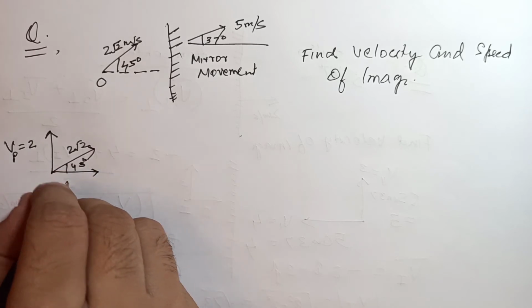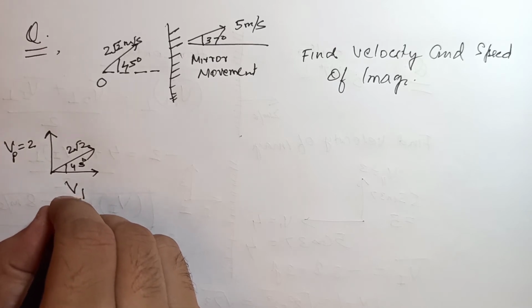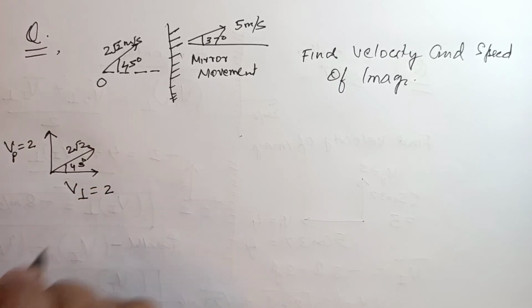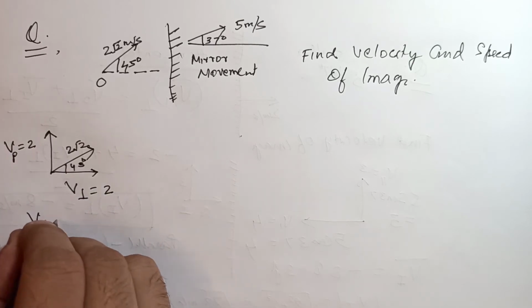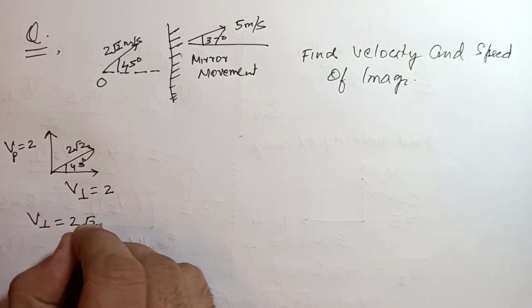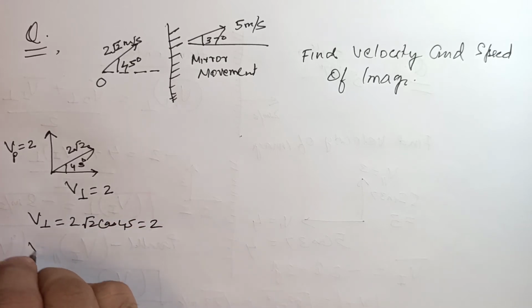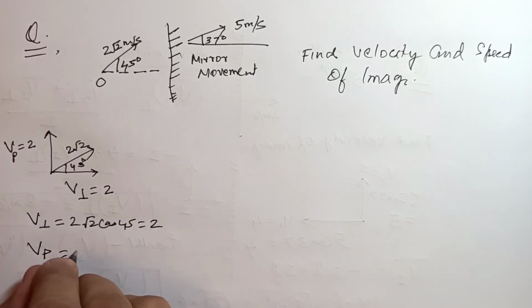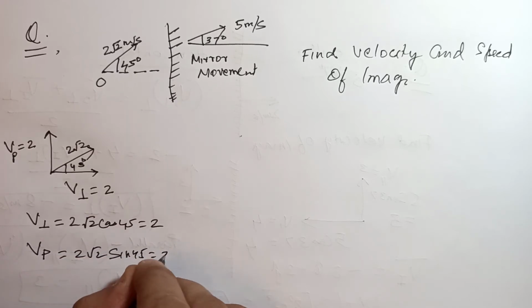So V perpendicular is nothing but 2 root 2 cos 45, which is 2, and V parallel is equal to 2 root 2 sin 45, which is equal to 2.